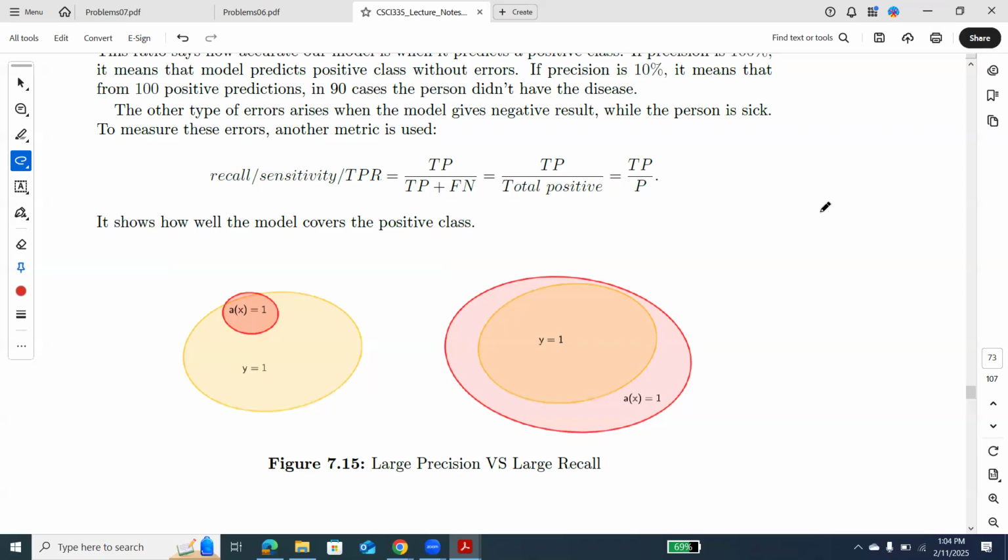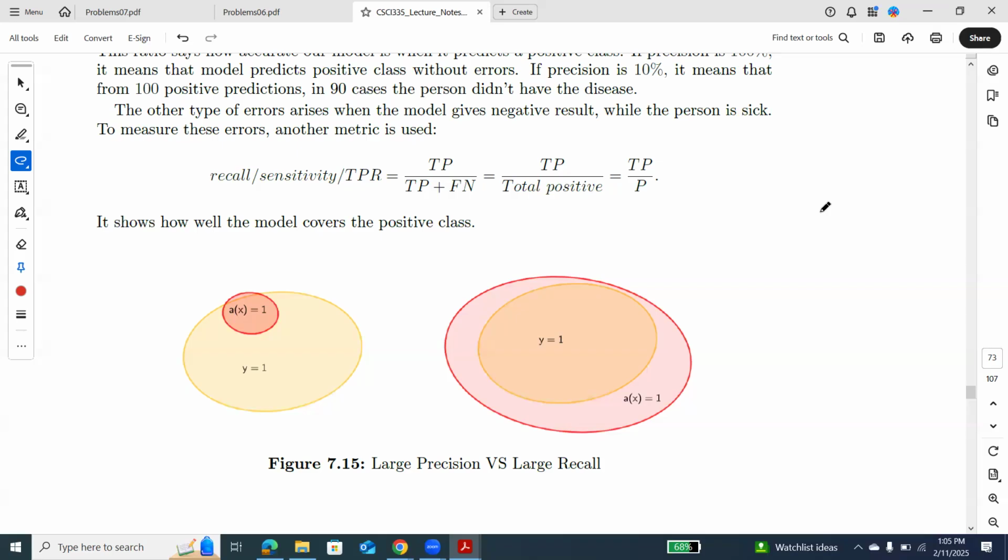When we predict just a small group correctly, or when we also predict normal people as sick, but we cover all sick people? What do you think is better in the medical test? Precision. What about the images? Does high precision correspond to this one, or to this one? I believe this one. Precision was 1 here.